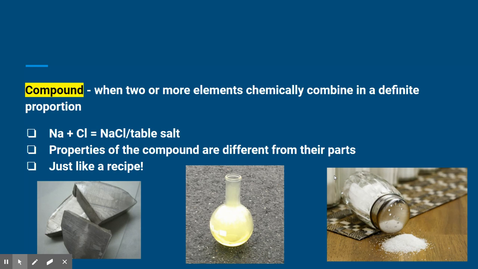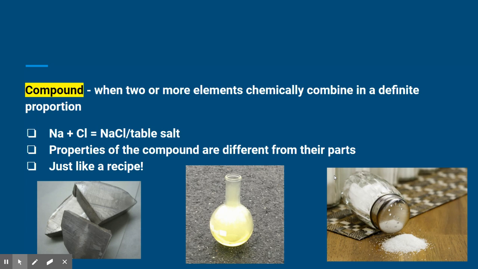All right, now, not everything is a pure element. Many things in general are made of compounds. That's when 2 or more elements combine chemically in a definite proportion. The greatest example is something that you eat all the time, part of your diet, something you need for your health, something you might put on your popcorn or your fries just because it tastes good, right?